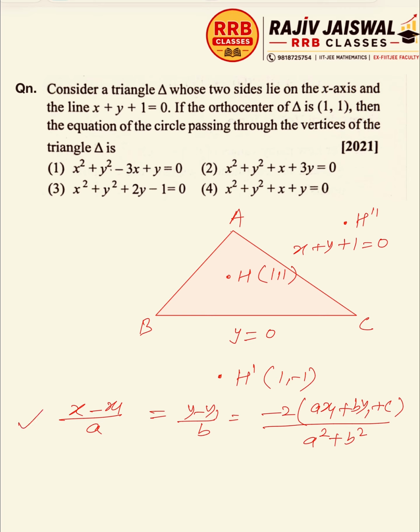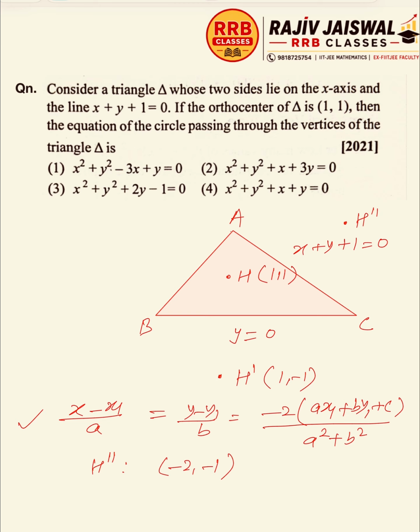So using this formula we can find the reflection of H from the line x plus y plus 1. If you use that formula you will get H double dash, which is minus 2 comma minus 1. So we get two points, H dash and H double dash, on the circumcircle of the triangle.